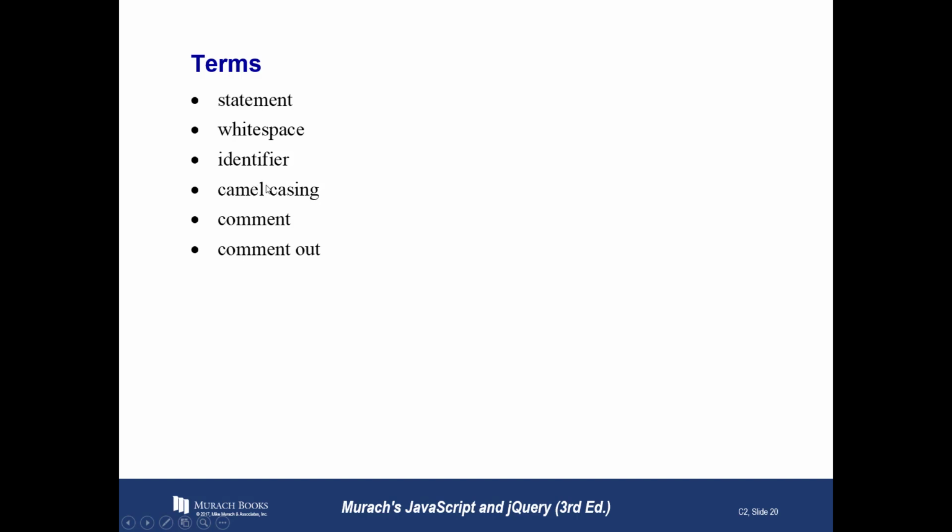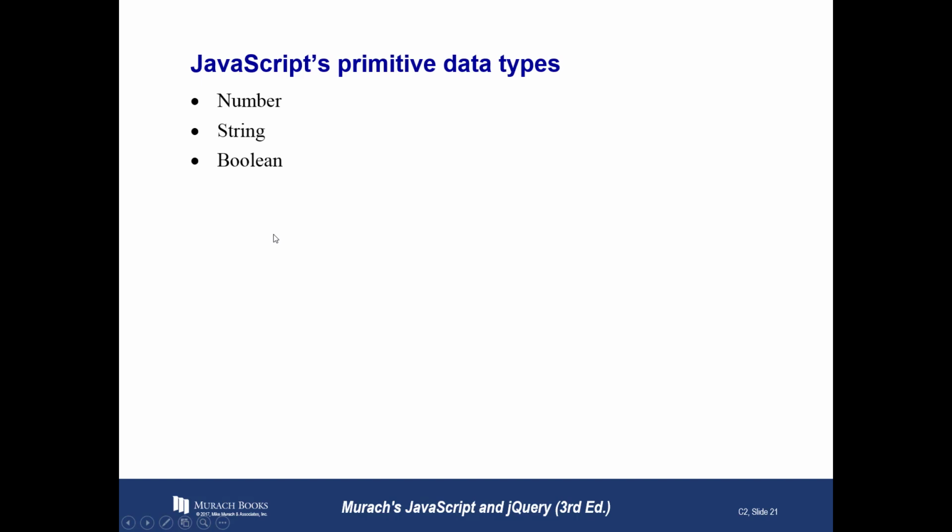Then after that, if you run words together, the first letter in the next word and all succeeding words is uppercase, and everything else is lowercase. Comments, again, single line comments are // and everything to the right of that becomes a comment. And multi-line comments start with /* and end with */. You can use comments to comment out code.